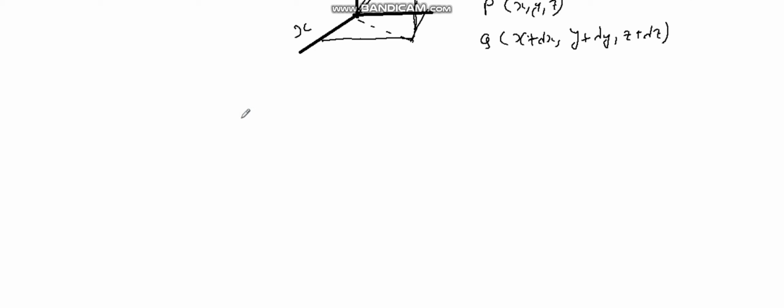Okay, so in the last video I explained the position vector and the infinitesimal displacement vector. Now let's come to the separation vector. This separation vector is very useful in electrostatics, magnetostatics, or probably the entire electrodynamics.